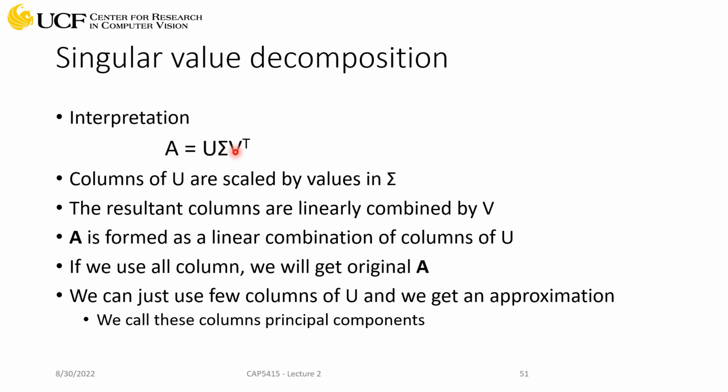Even to construct one column of that image, it's not just taking one column from U and scaling it. You have to perform a linear combination of all the columns, and the weights for that linear combination come from V. So V needs to stay there in order to form the original matrix back. So in terms of meaning, it doesn't really help us process the image, it just needs to be there mathematically.